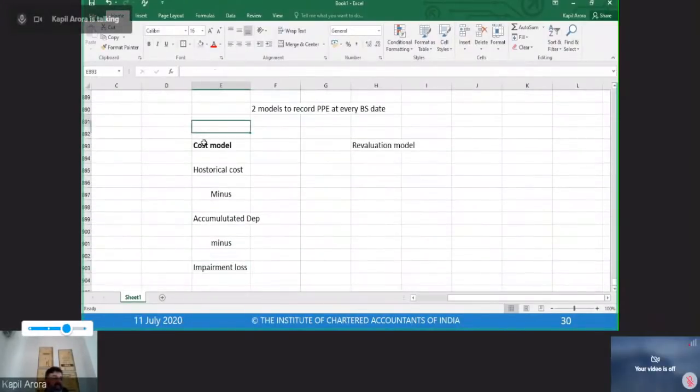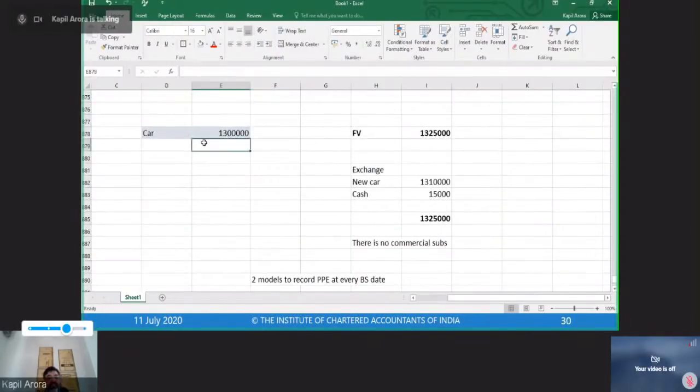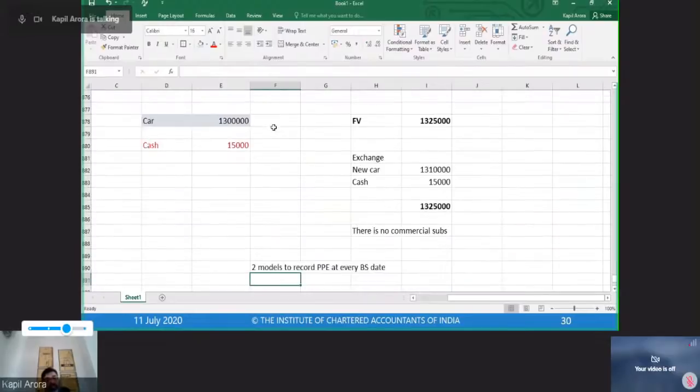Somebody has asked one question. Let me just answer that. Car would remain at 13 lakhs, whereas cash will also be added for 15,000, and the difference between those two can be taken to the profit and loss account.